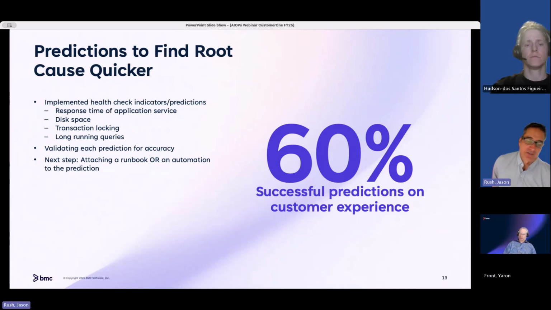So predictions is the next step in the journey, and we're still on that journey, right? We're still trying to figure that out and get that to a place where it's consistently helping us not even have the situation, right? So first step was reducing the noise, getting our alerts into a better place, and being more proactive and preventative with AIOps, and getting our situations and service models where we needed them to be for the tool to provide the great value.